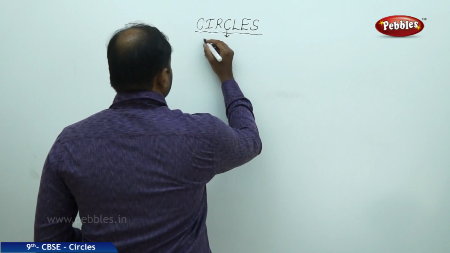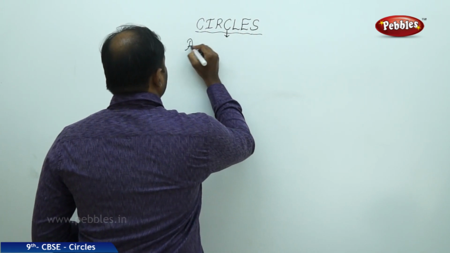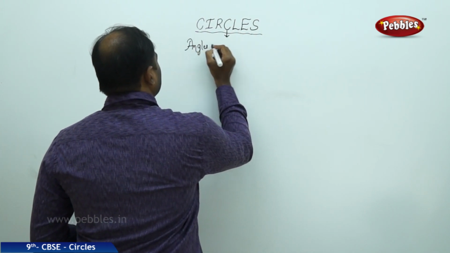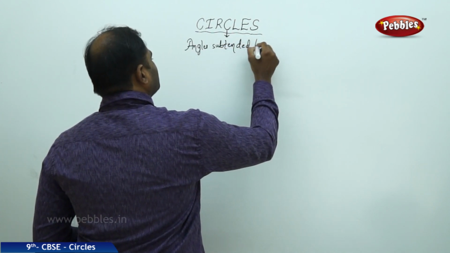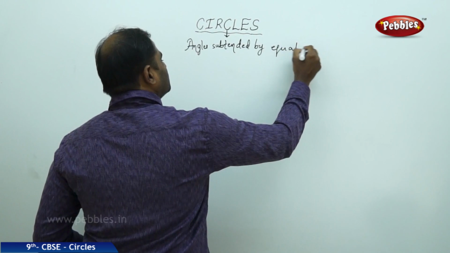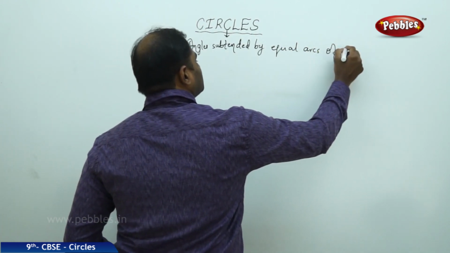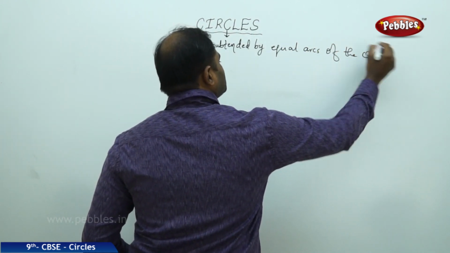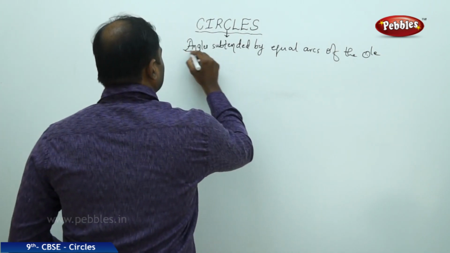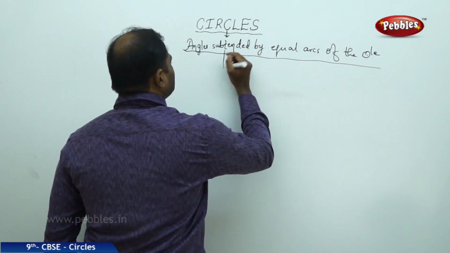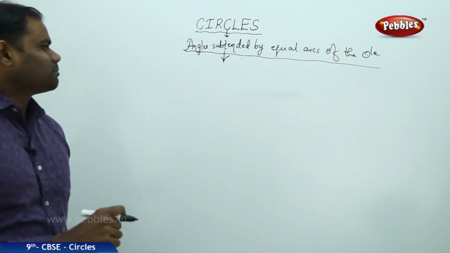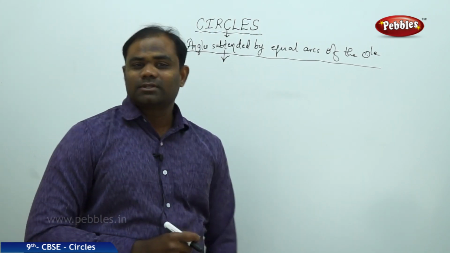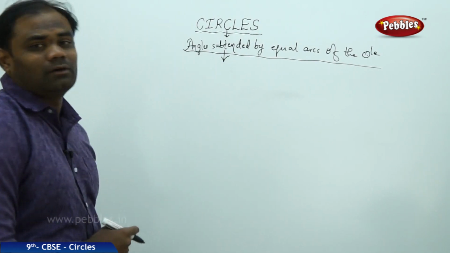Topic of the day: angles subtended by equal arcs of the circle. So let's see how it comes.